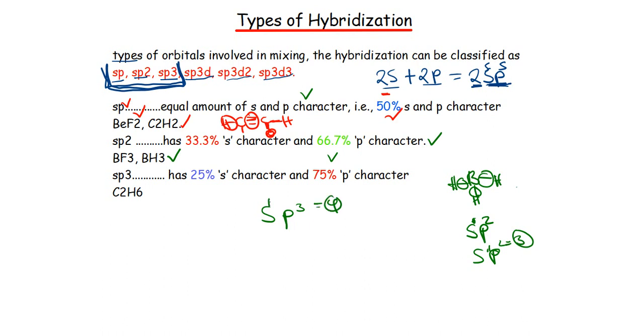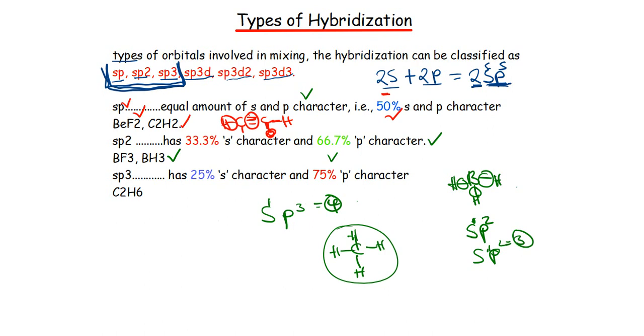So we need 4 atoms, not bonds, but atoms. Let us take it in terms of atoms. So I can have this C with this. How many bonds? There are 4. So that means that is sp3 hybridized.